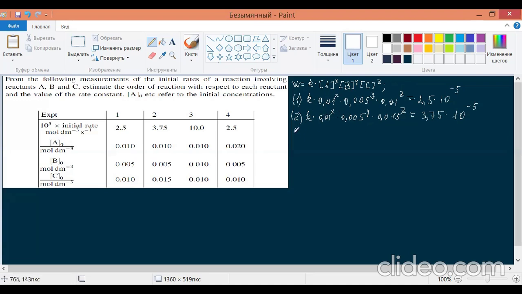And so finally we got 0.015 over 0.01, and this fraction raised to Z is 3.75 over 2.1. Let me get a calculator.